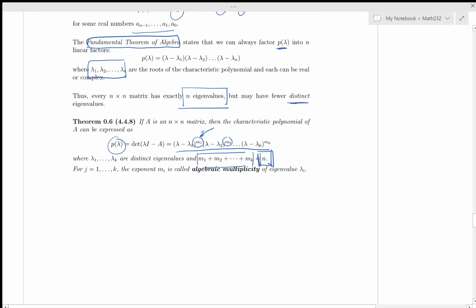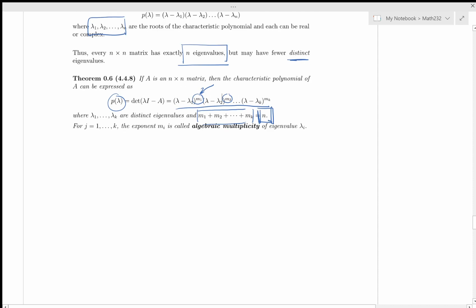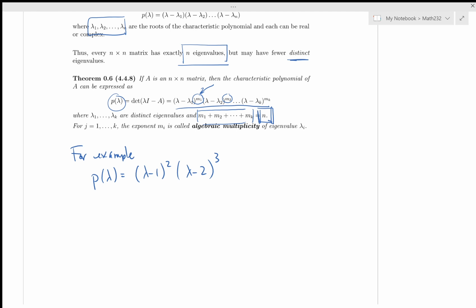Okay, so let's just write out an example here. We can have a characteristic polynomial that looks like this. There. So this is a degree 5 polynomial. We have two distinct eigenvalues.